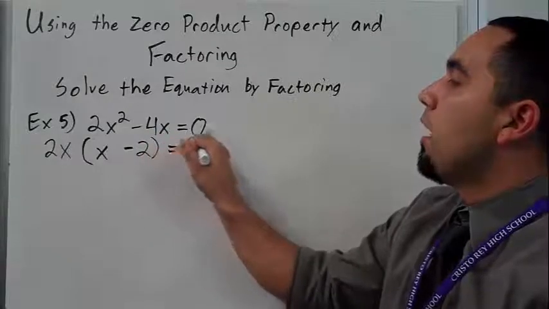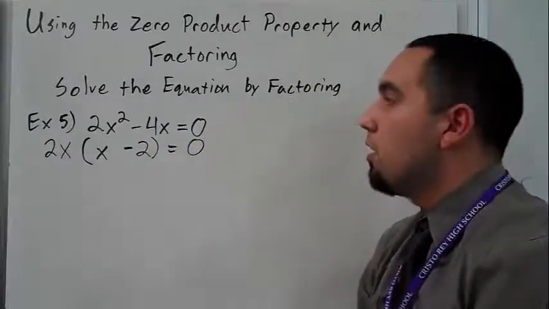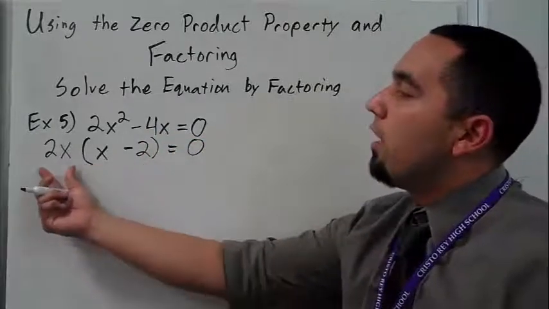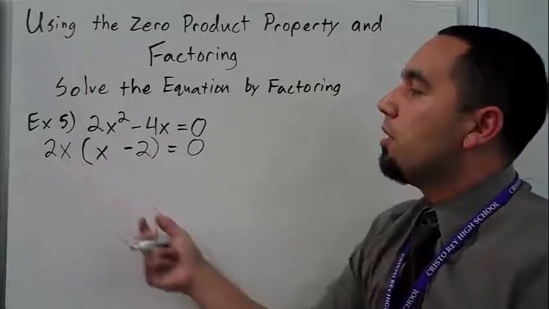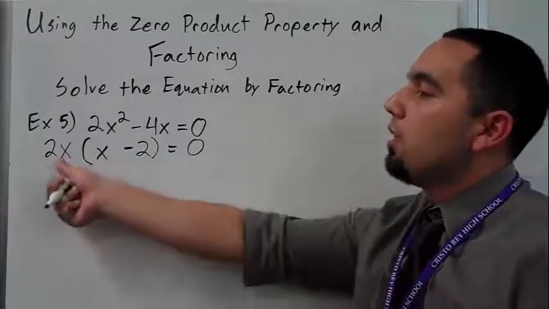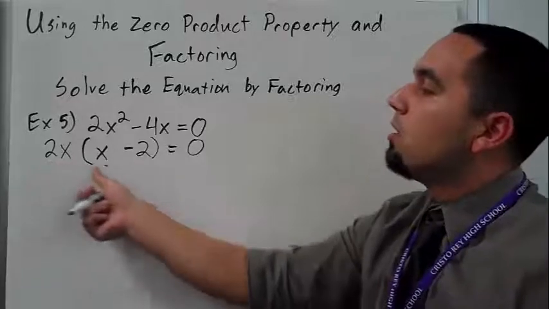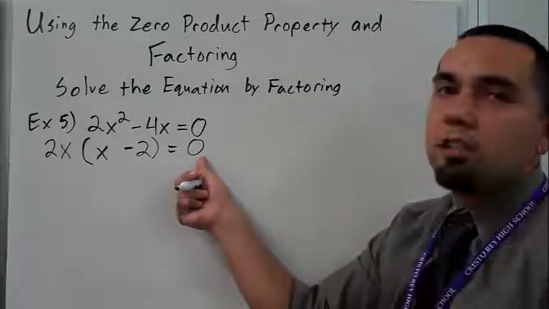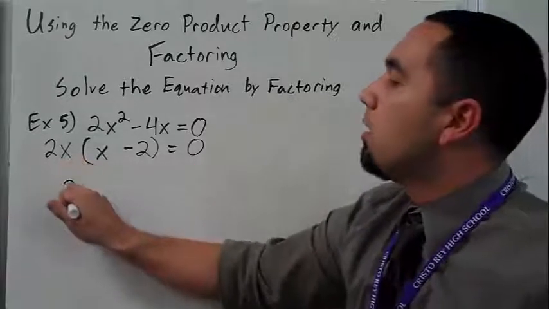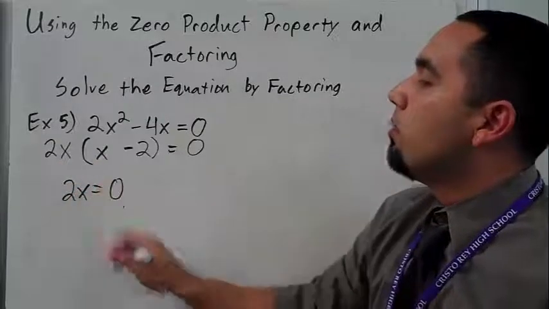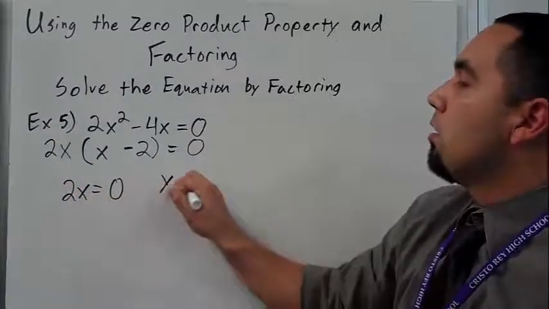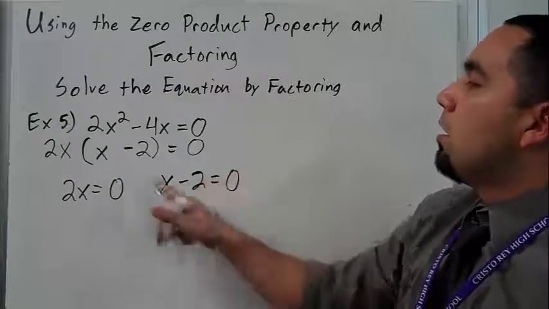So now that I've factored the equation, I look at it and I say, oh, I have multiplication going on here. And zero product property tells me if I'm multiplying this times some other number and I get 0, then either this number is 0 or this number is 0.